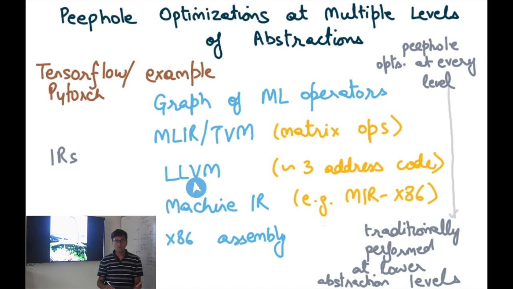You can write Peephole optimizations at the IR level. For example, LLVM, which is something similar to 3-address code, or any other 3-address code IR. You can write Peephole optimizations at the machine IR level, which is after the IR, there is some IR that is just before the assembly code, where you can do your last ditch efforts to optimize code.